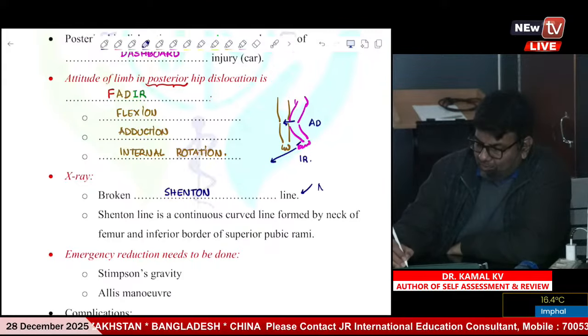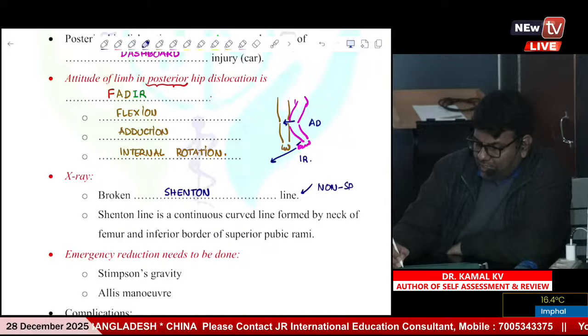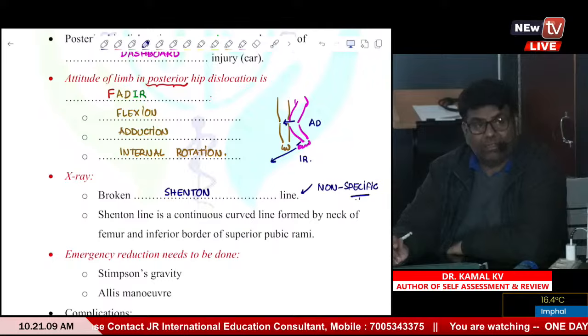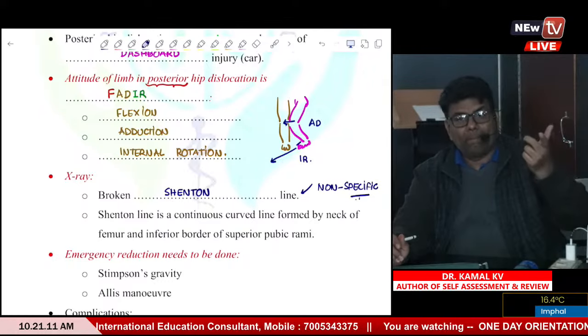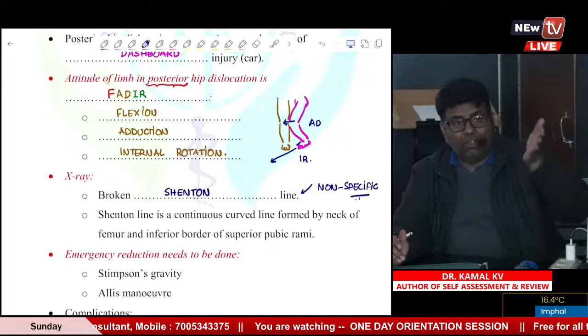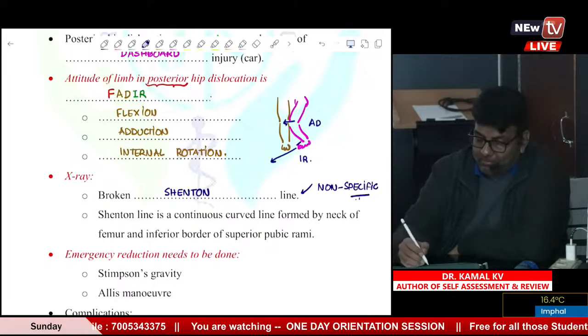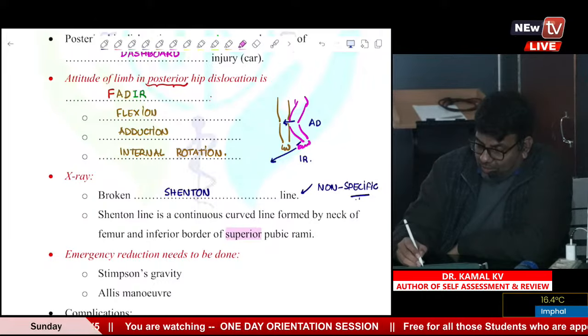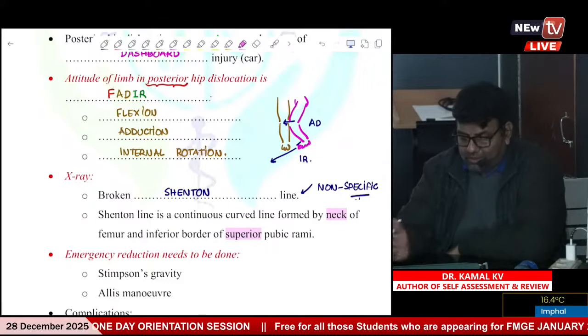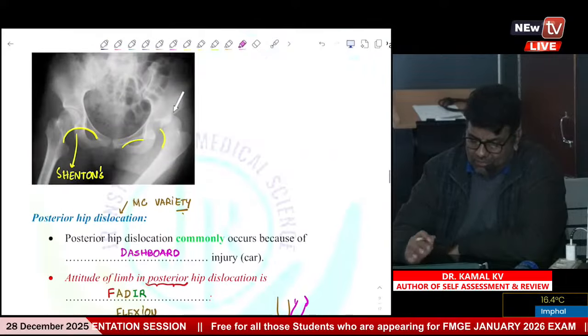It means if you see a broken Shenton's line on X-ray, it does not always mean that it is a case of hip dislocation. It can be seen in any case of fracture of the superior pubic rami, because this is one component. It can also be broken if there is a fracture of the neck of femur. But this is just a radiological feature.